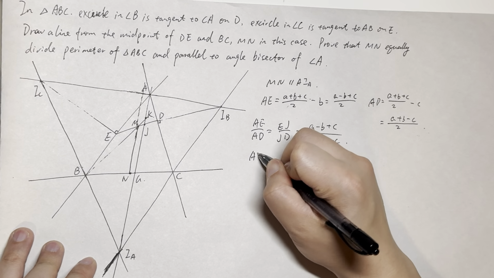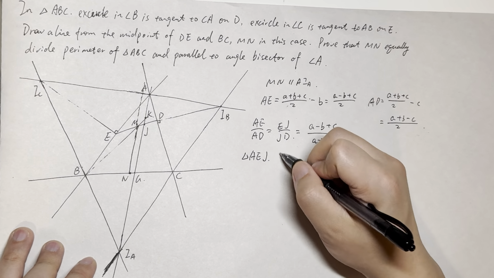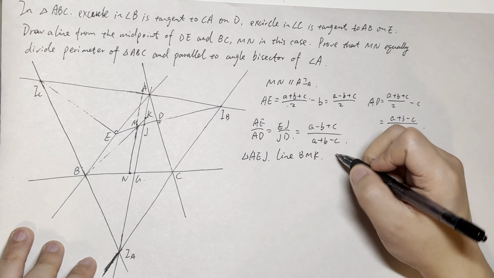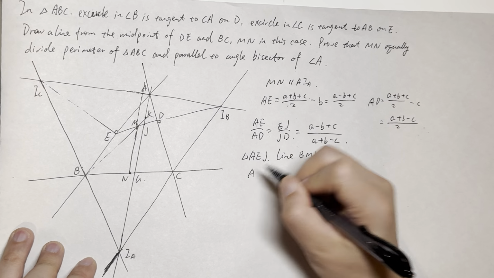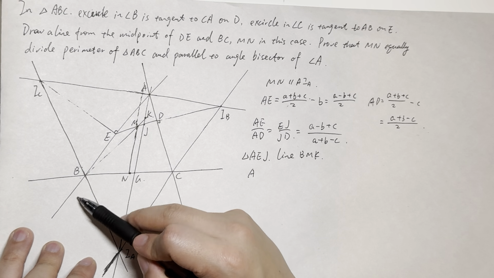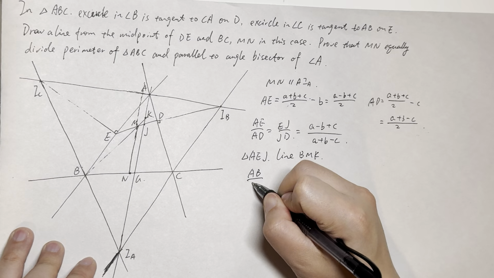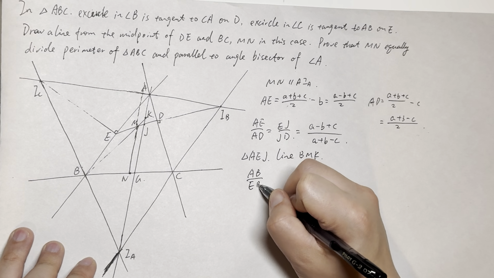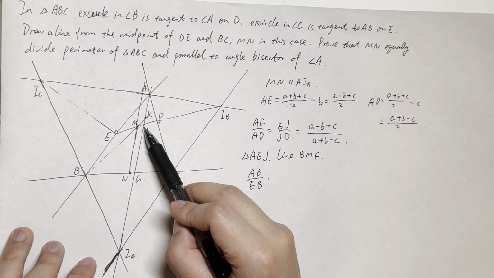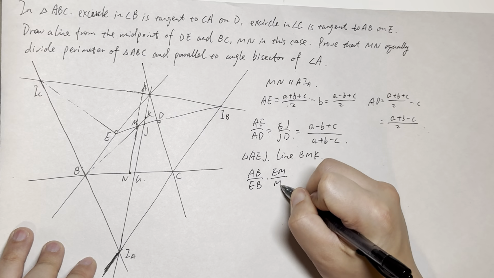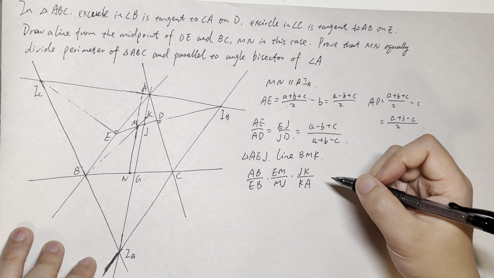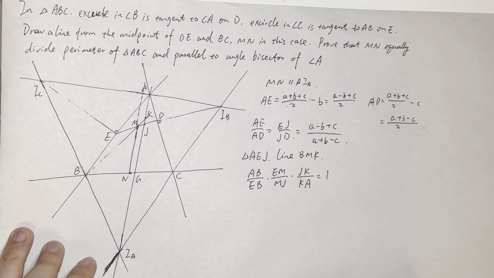So in triangle AEJ and the line BMK, we have AB to EB times EM to MJ times JK to KA equals 1, right?